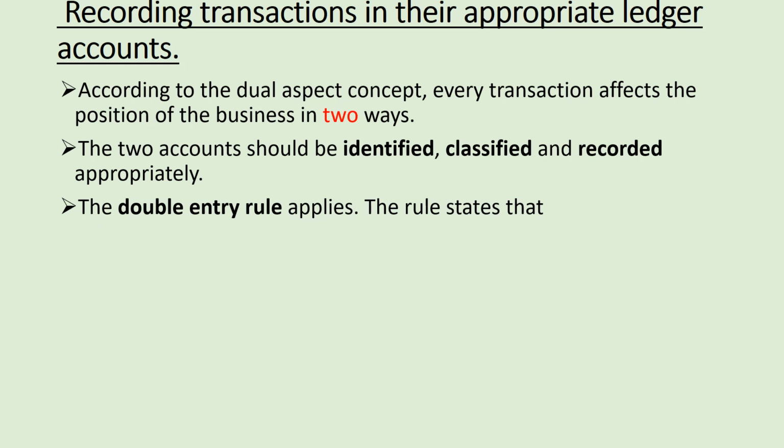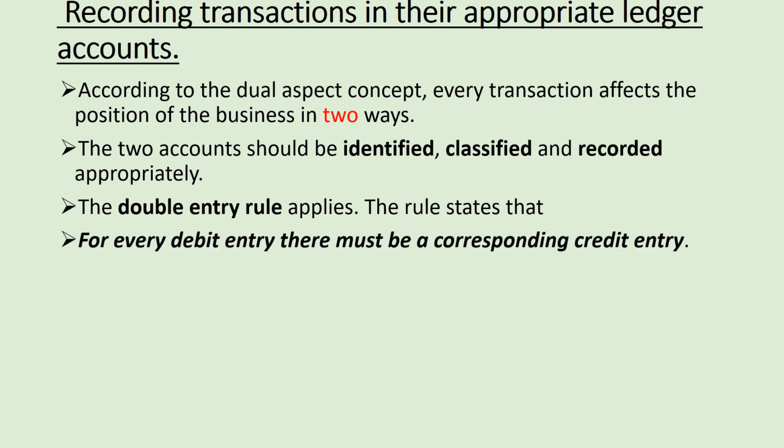But first, the rule, which is the double entry rule, states that for every debit entry, there must be a corresponding credit entry. So this double entry rule is connected to the dual aspect of accounts, which is one of the concepts we discussed in the first video.